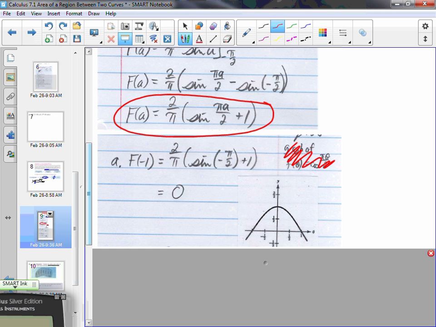So when you do, be careful. And a is, you know, use x. Okay? But it's kind of sort of complicated. Now, why is nothing shaded in? Because there's negative 1. There is no region when the left endpoint is negative 1 and the right endpoint is negative 1. There isn't a region. Okay? So the area equaling 0 hopefully makes sense to you.